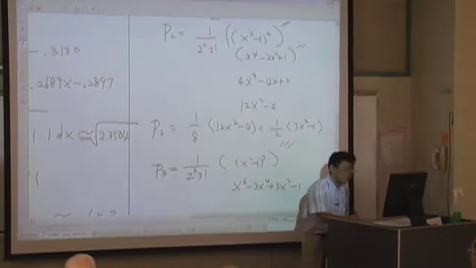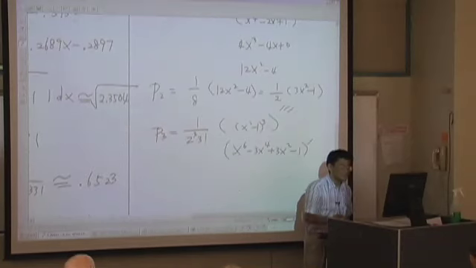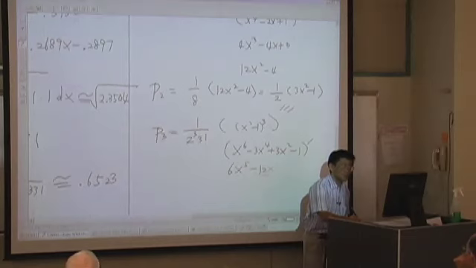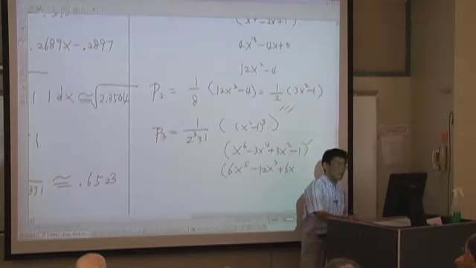Then let's differentiate this first time. Then it is 6x to the 5th minus 12x to the 3rd plus 6x minus 0. And let's differentiate. Then this is the second time, right? If we differentiate this, then it is 30x to the 4th minus 36x squared plus 6.